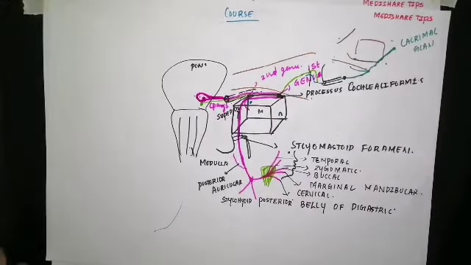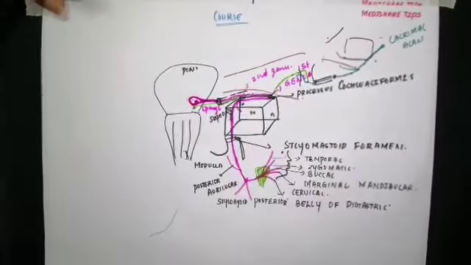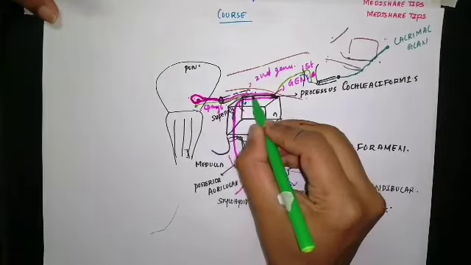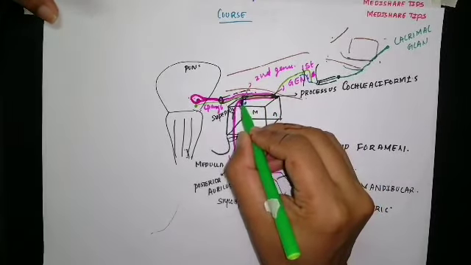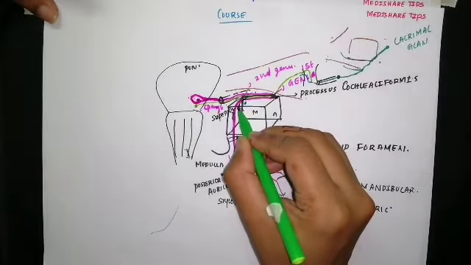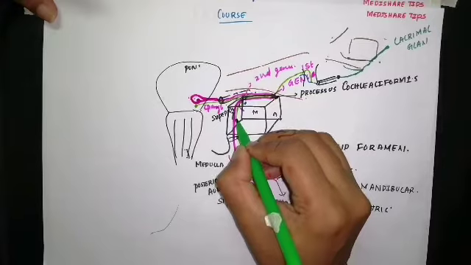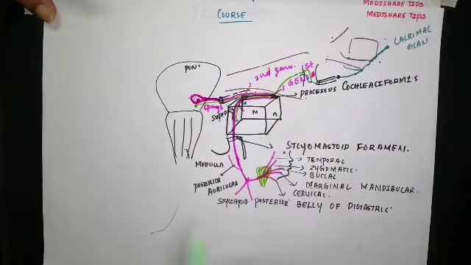Then the parasympathetic fibers from the superior salivatory nucleus have to reach the submandibular and sublingual salivary glands. So another part of this passes down with the motor nerves, and in the vertical segment it gives out a branch which is known as the chorda tympani.